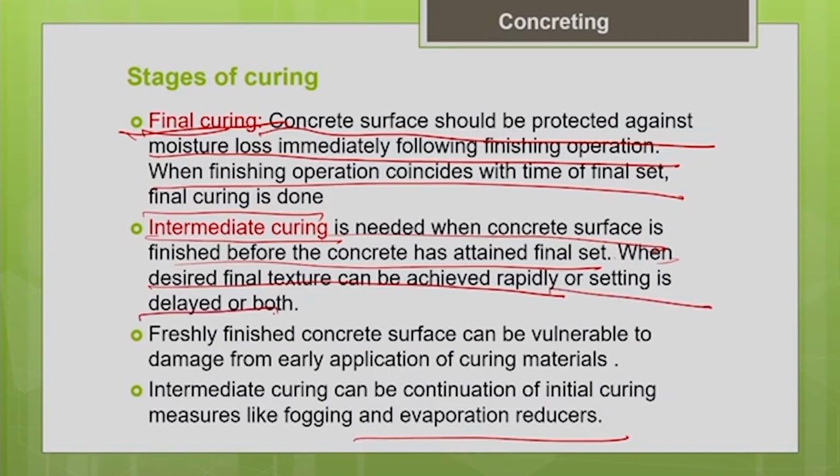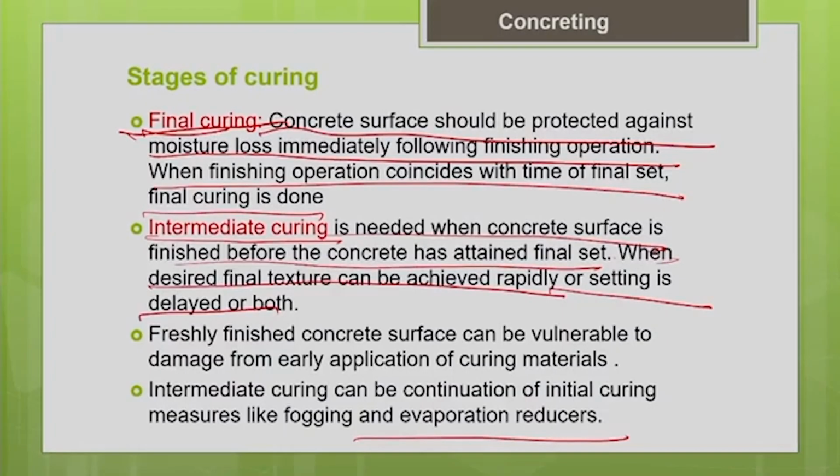In those cases, where finishing is completed but the concrete has not attained the final set, I cannot apply water for curing. So you do some intermediate curing: either continue your initial curing itself, which we call intermediate curing, doing some fogging or spraying some evaporation reducers, before the final set of the concrete.